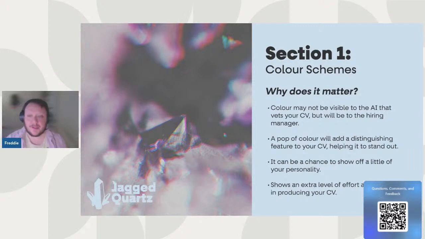It can also be a chance to show off a little bit of your personality. You could be remembered as, oh, that person had a nice little yellow or pink or otherwise section, and it really stood out, really created a memory. And it can also show an extra level of effort and initiative in producing your CV, which initiative is one of the key things that people are looking out for in any job application, because it's a vital characteristic to have.